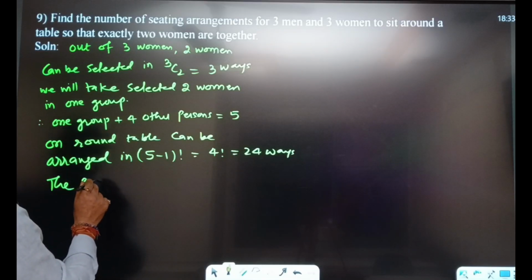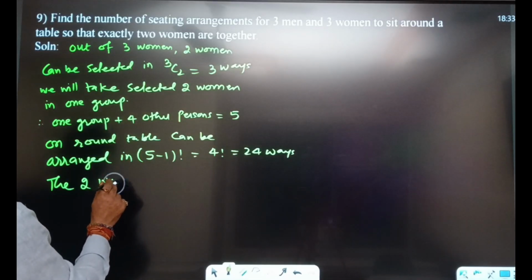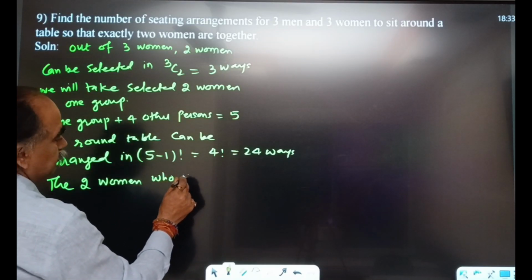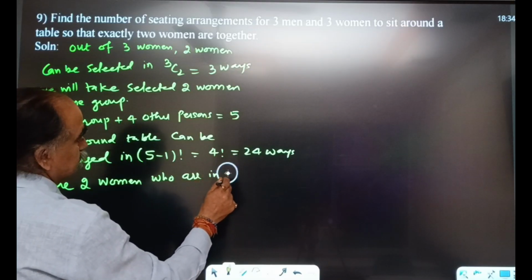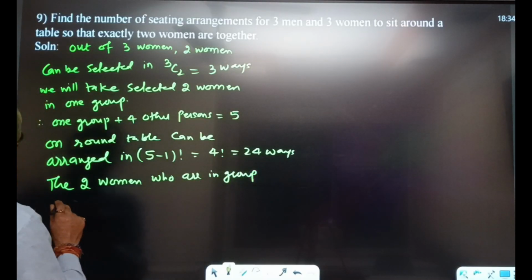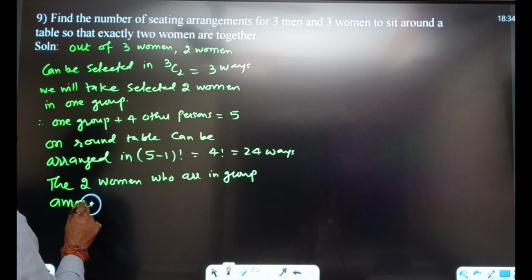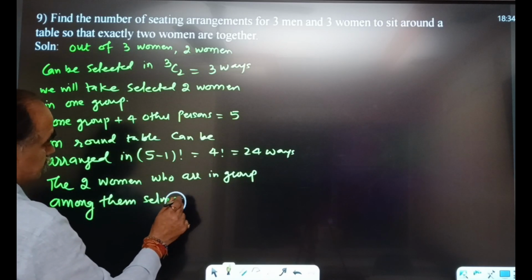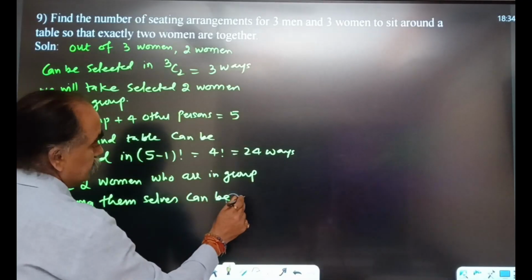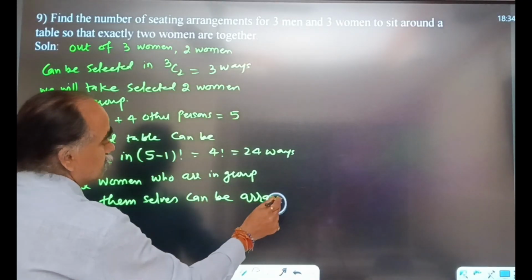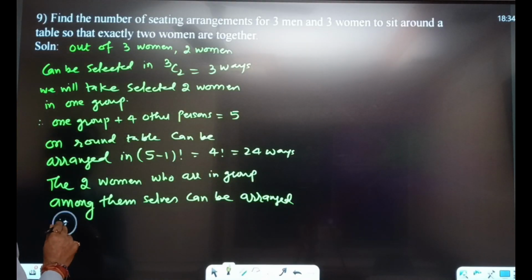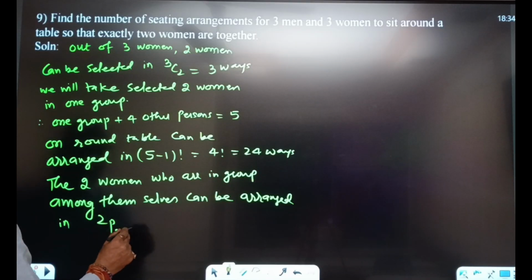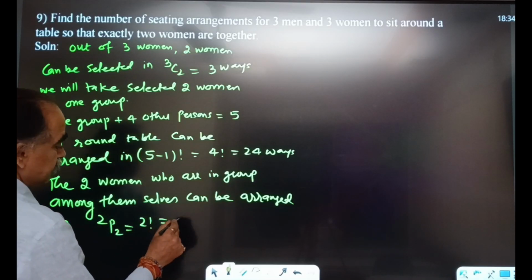The 2 women who are in the group among themselves can be arranged in 2P2, 2 factorial, equal to 2 ways.